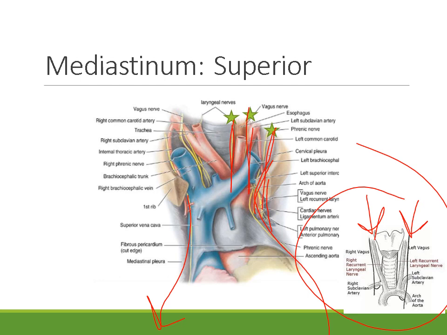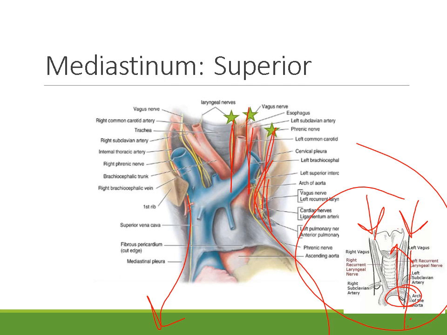On the left-hand side here, the vagus nerve is going right past the aortic arch, and that's where the recurrent laryngeal nerve begins on the left-hand side. It loops around the aortic arch right here, and then comes back up the neck, right outside of the trachea, as it makes its way up to the larynx.